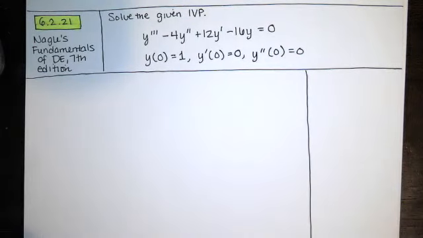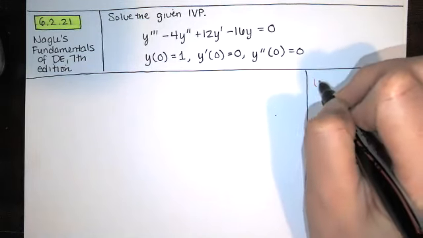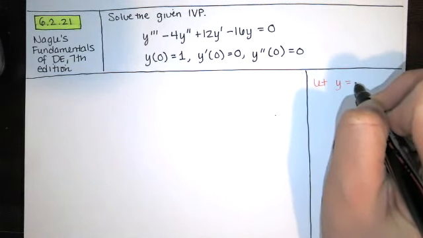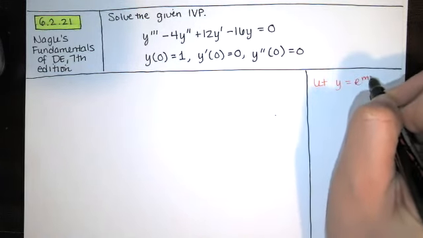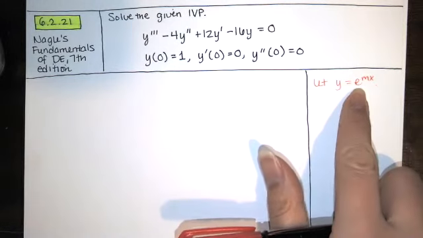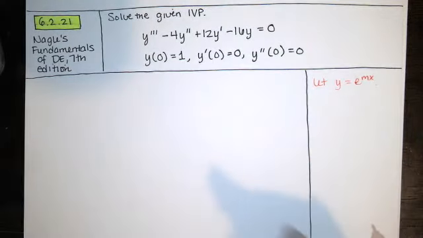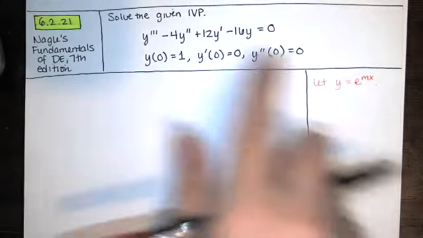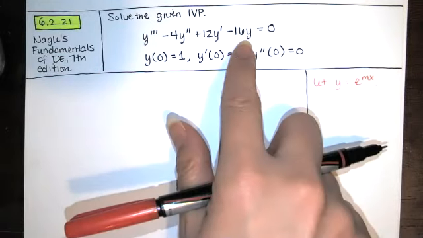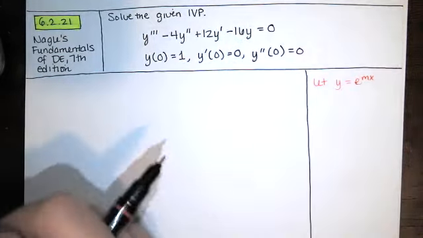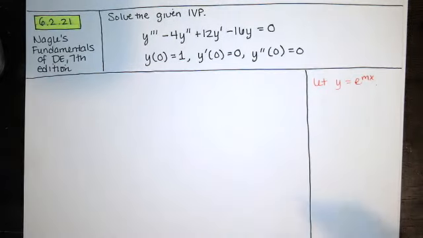Since it's a constant coefficient differential equation, we'll start by letting y equal e to the mx. Because derivatives of exponentials give us other exponentials, and if we choose the right exponential, all of these exponentials, when multiplied by constants and added together, will cancel and we'll just get 0.